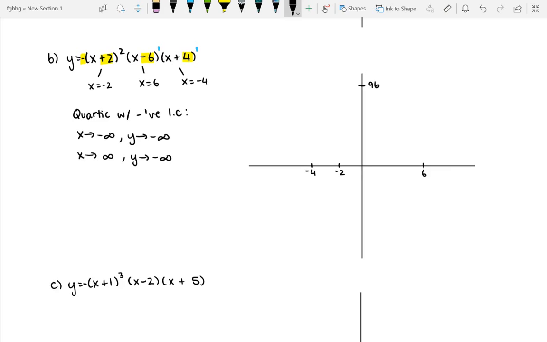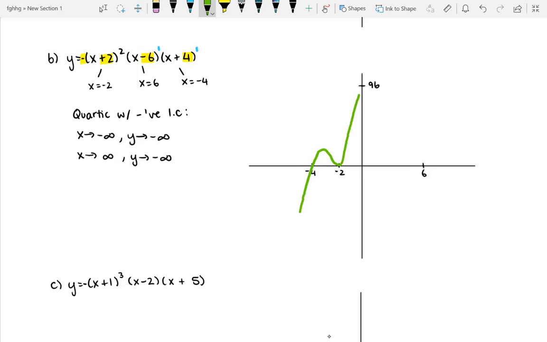So let's get graphing here. Now, one thing that you have to be careful about is the fact that x plus 2 has an exponent 2 there. That means that at x equals -2 on my graph, it's going to look like the vertex of a parabola. So we've got it starting in quadrant 3. It's going to go through -4 just like a line would, and then it's going to make a turn, come down on -2 and bounce back up off of -2.